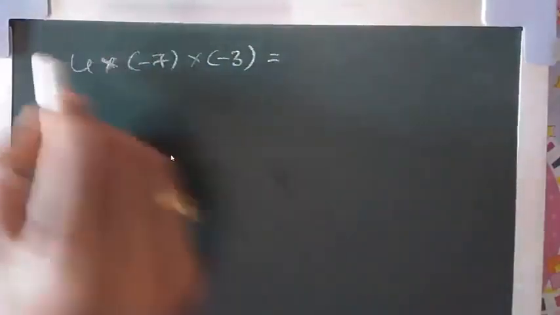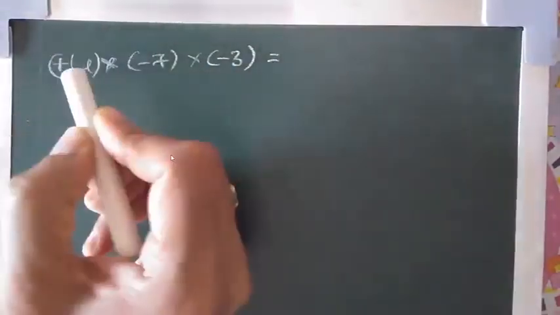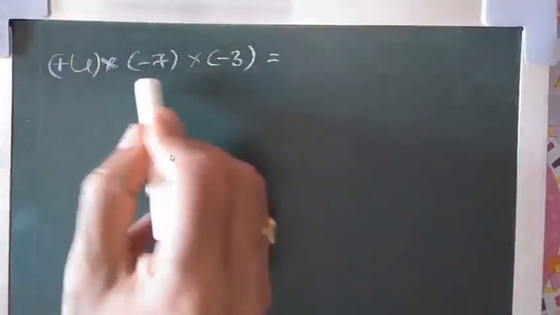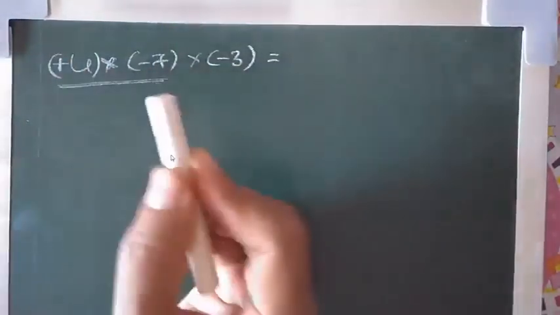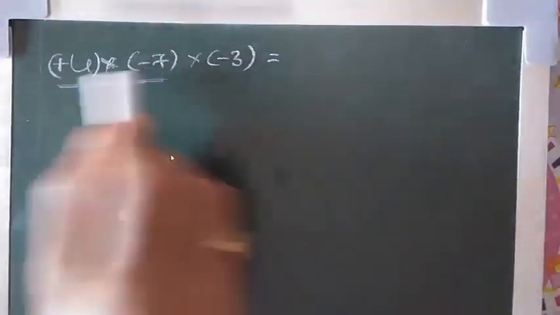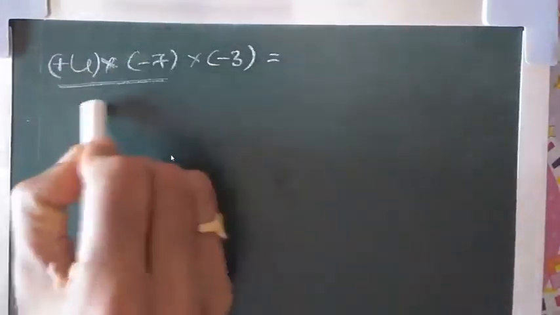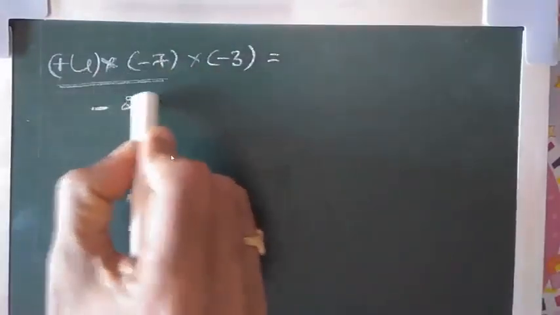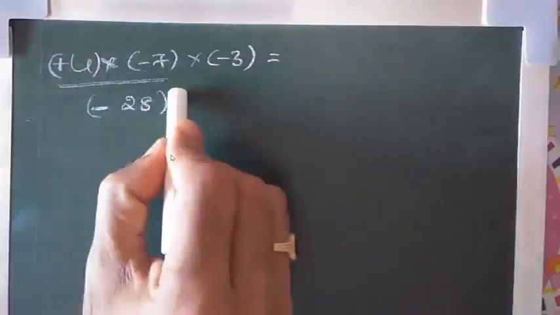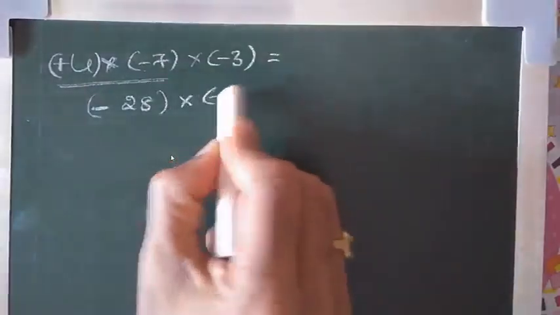So this is plus 4. If no sign is given, this is plus 4. So first you take the first two numbers. So plus 4 into minus 7 is plus into minus, minus. 4 7s are 28. This is minus 28 into minus 3.